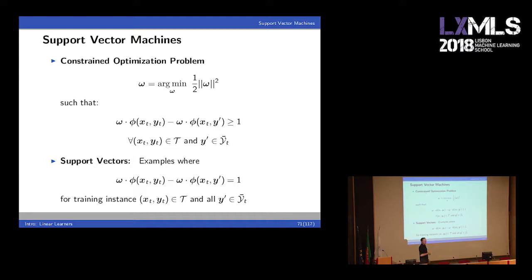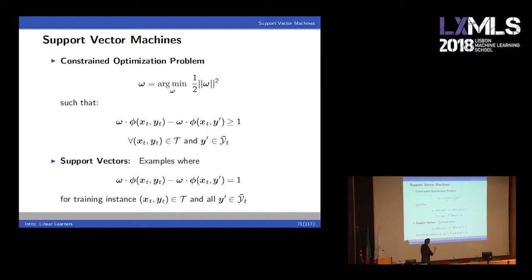What we do nowadays is apply our beloved stochastic gradient descent techniques to the support vector machine problem. We have to reformalize this constraint optimization problem as an unconstrained optimization problem. Then we can do stochastic gradient descent. I'll show you quickly how this is done.